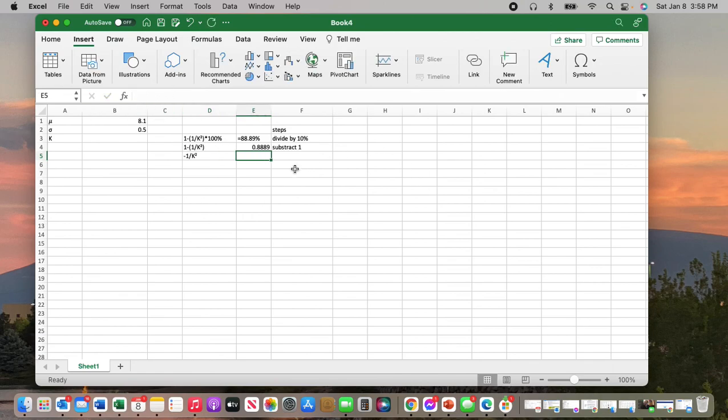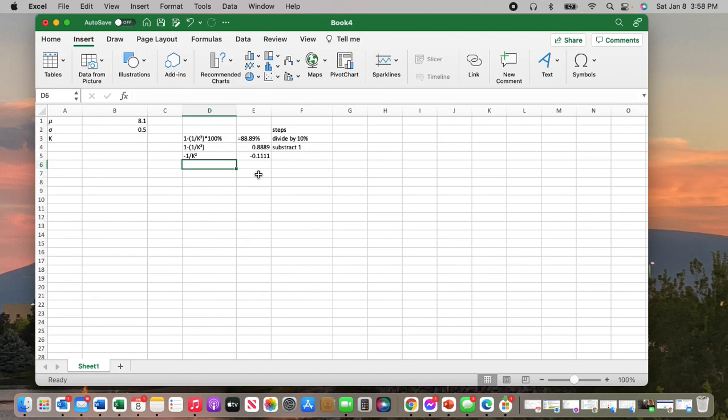So we have negative 1 divided by k squared is going to equal, no, sorry, this minus 1.